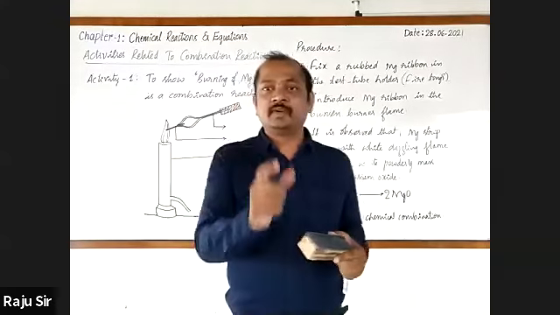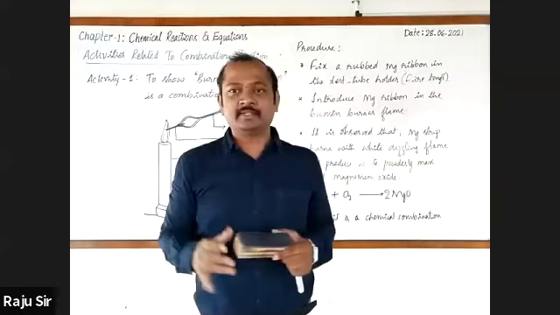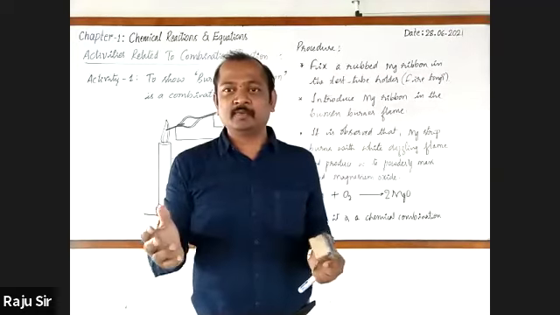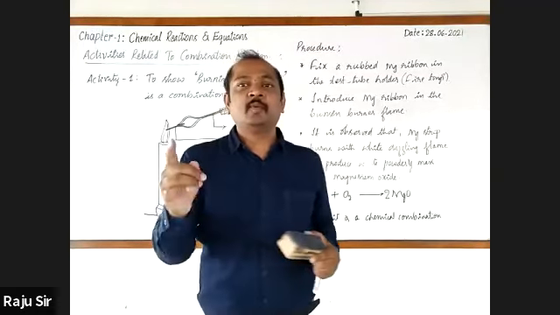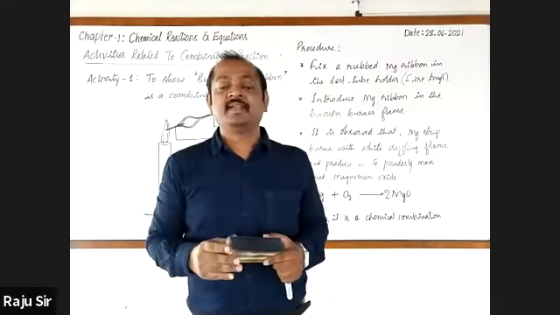What is the English name of the word called sunna? Lime. Quicklime. Quicklime, is it not? Then what is the chemical name of quicklime? Calcium oxide.